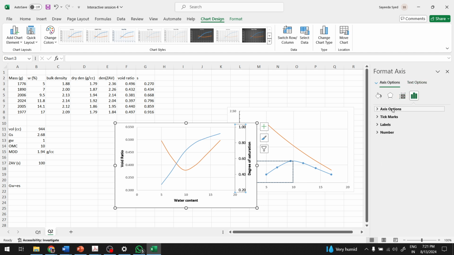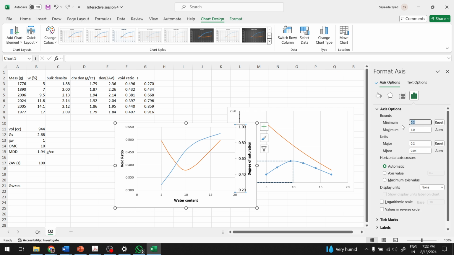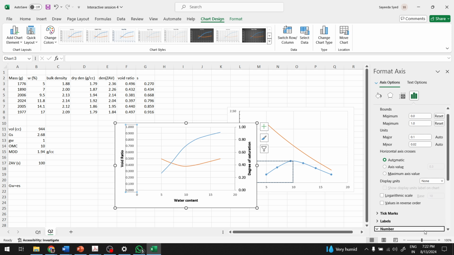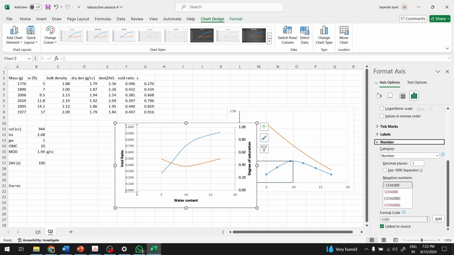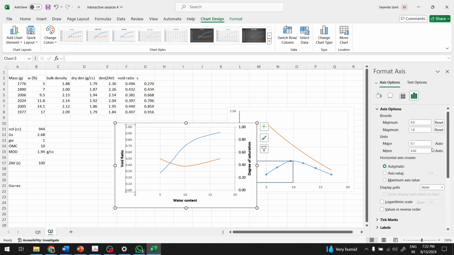Let us plot both on equal y-axis, 0 to 1 and 0 to 1. So, oh, 2.